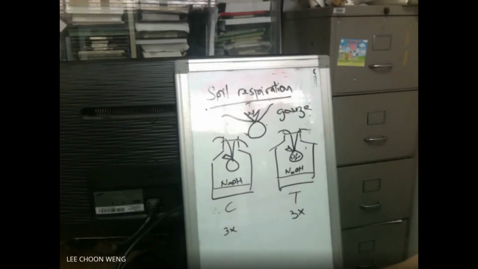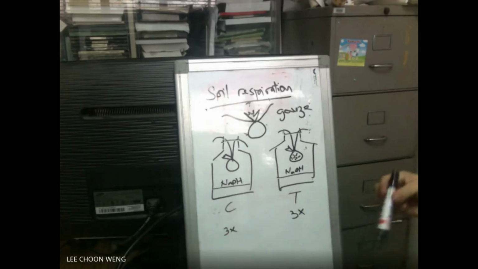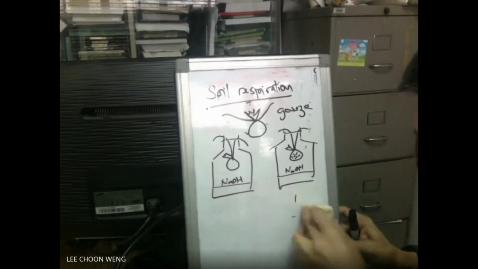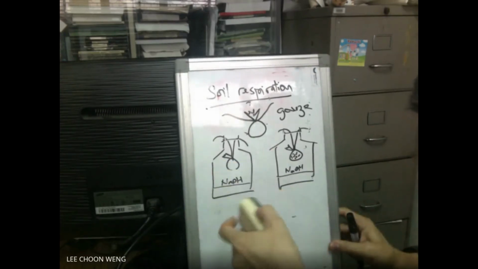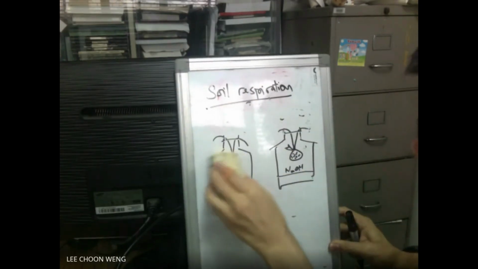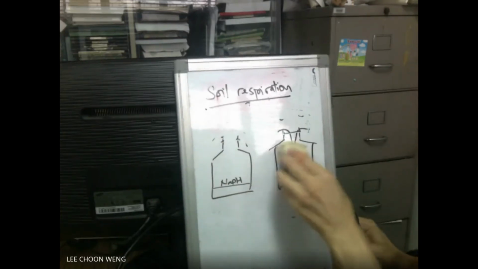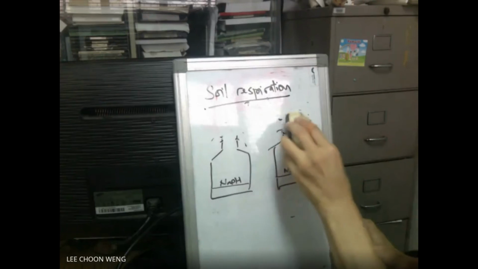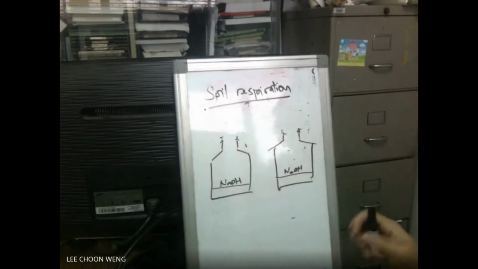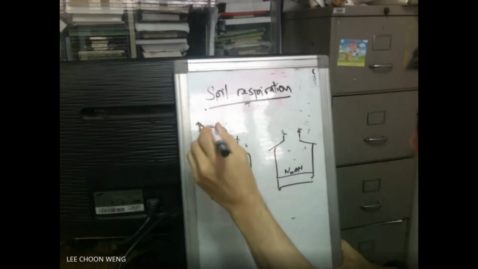We incubate this overnight, about 24 hours, and then we will measure. So what do we do? Once you are done incubating, you will remove the pouch and immediately add barium chloride.